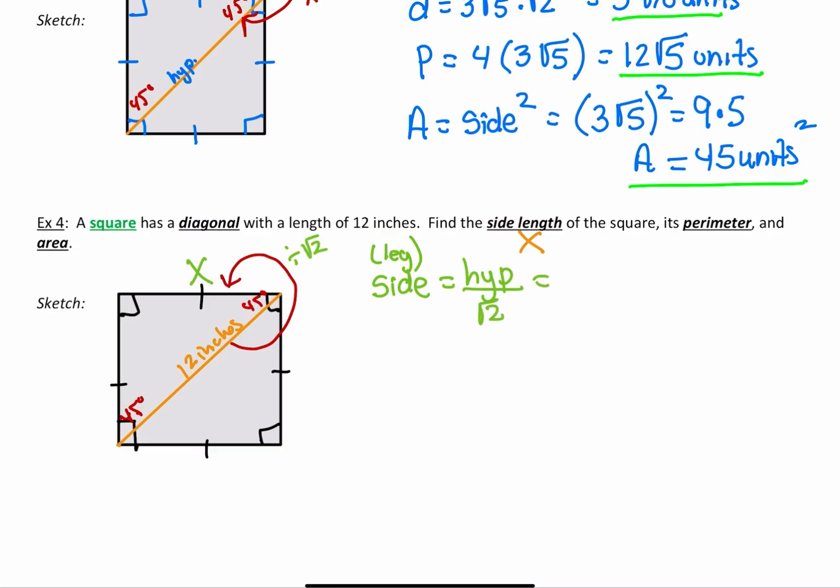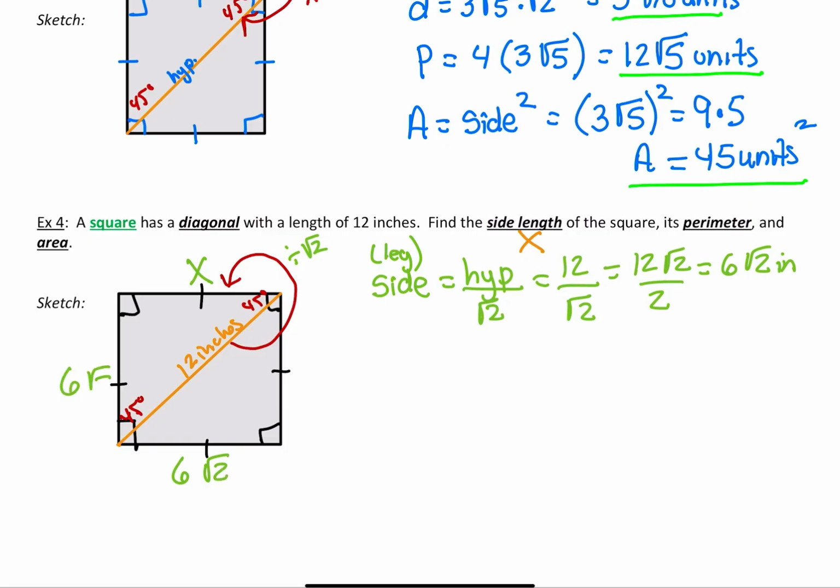So the hypotenuse is 12 divided by the square root of 2. Let's rationalize that. Is that simplified? It is not. So we're going to rewrite this. 12 divided by 2 is 6, and you get 6 root 2. And we do have inches.